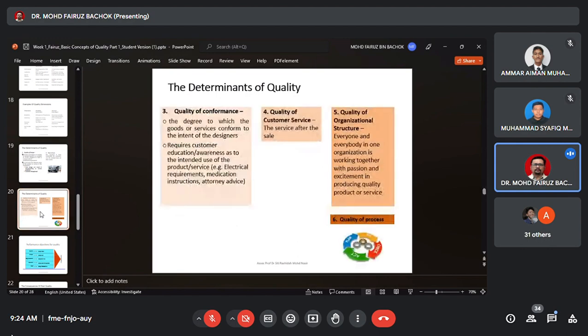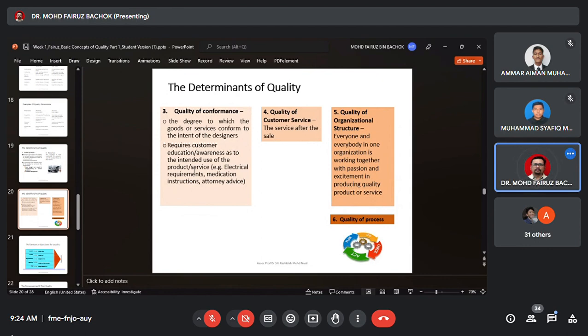Then you can also look at the quality of conformance. The goods should conform to the intent of the designer, and it requires customer education and awareness. Normally people want the product to be user friendly. Currently people like to use something simple and user friendly. If you cannot come up with that kind of product, then you will have a problem. That's what happened to Nokia. They did not believe that the Android system could be the future technology.